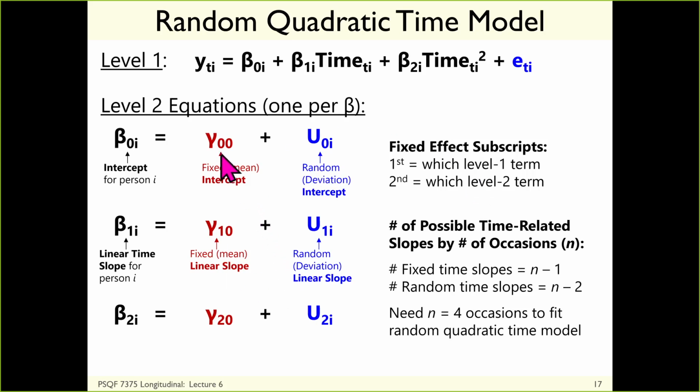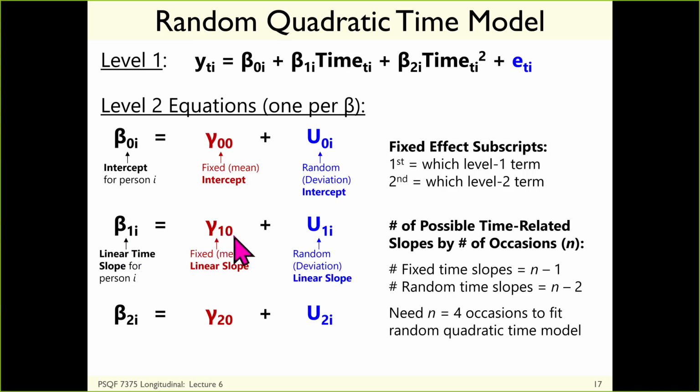What happens in the level 2 equations is that the second subscript, the 0 here, is a counter for which predictor you're on at level 2. So I have gamma 1,0. The 1 is because I'm predicting beta 1. So everything in this beta 1 line is going to start with a 1 because it ties to beta 1.